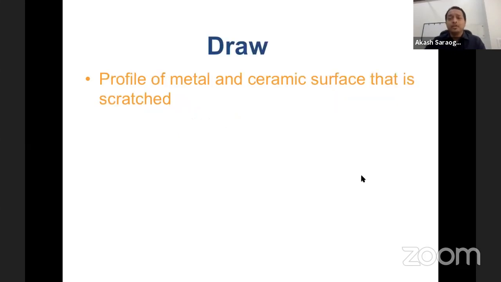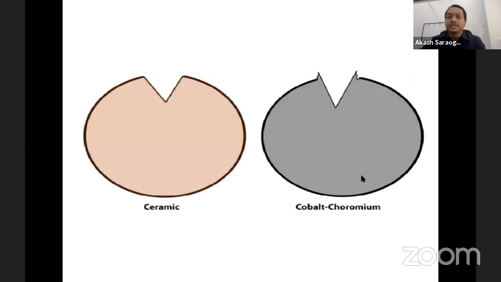Let's move on. So why is a ceramic surface better than a metal surface? We have all answered in the exam that I will do a ceramic on ceramic hip replacement as compared to metal on poly or whatever. It is because of this. Whenever a metal scratches, there is a depression, which is called a divot, and this projection, which is called an asperity.